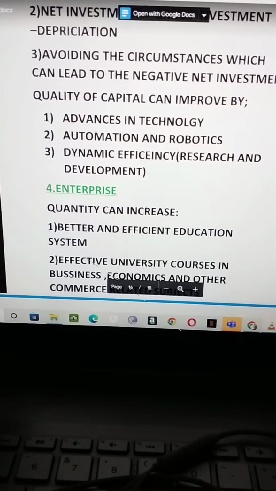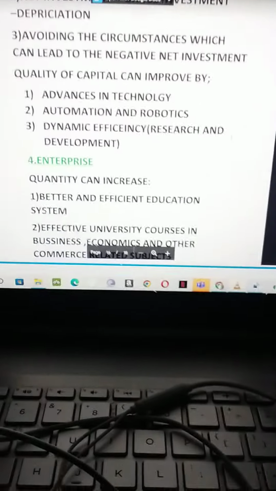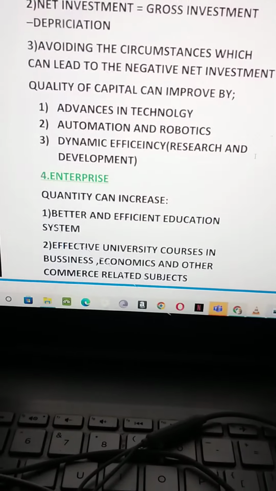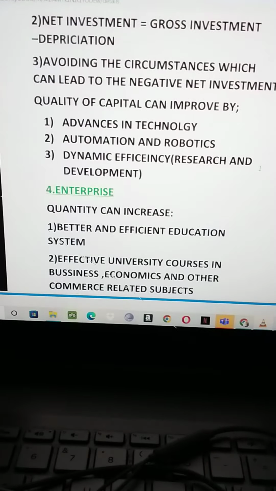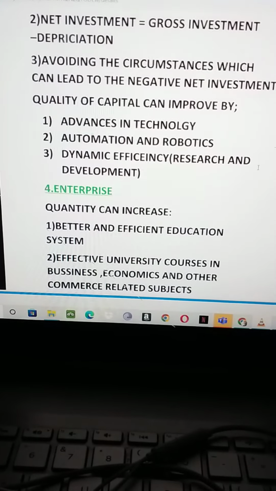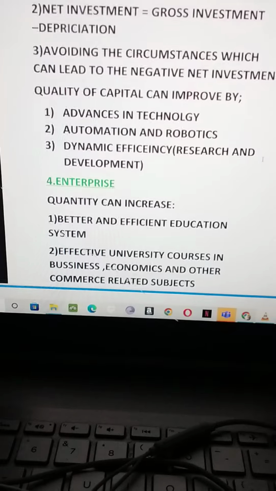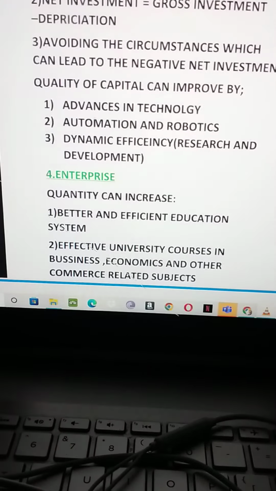And the quantity of capital, remember this important point, is increased with the help of investment. And what is investment? It is the creation of capital goods.